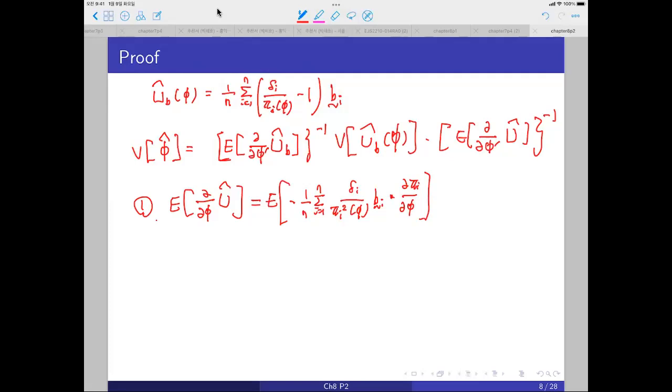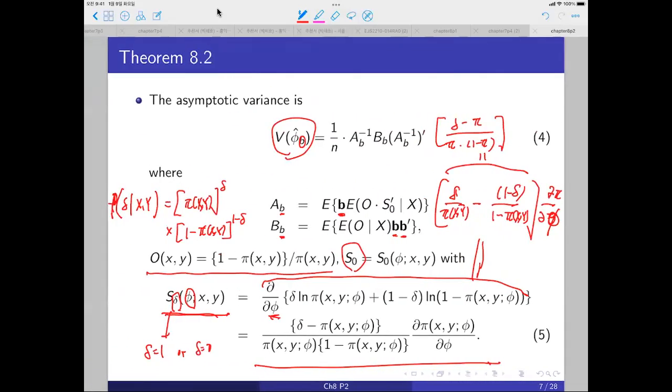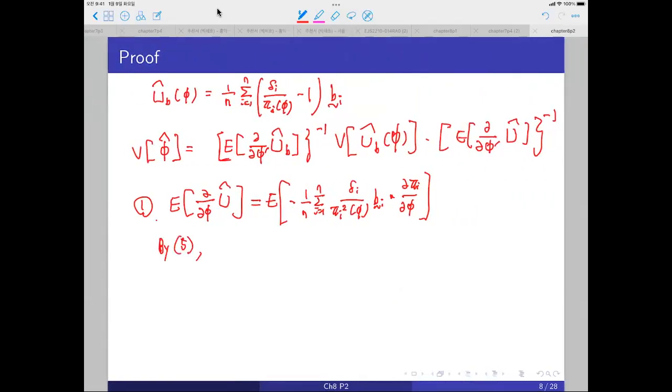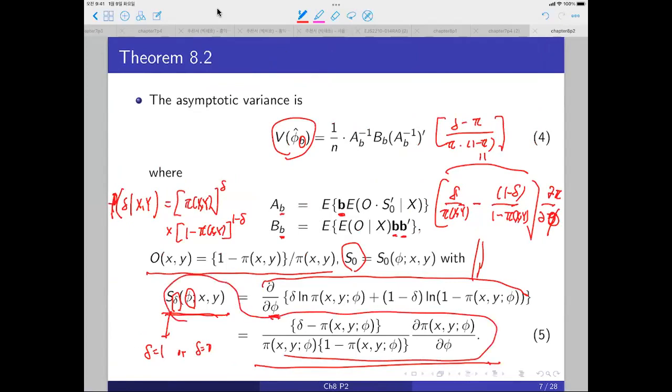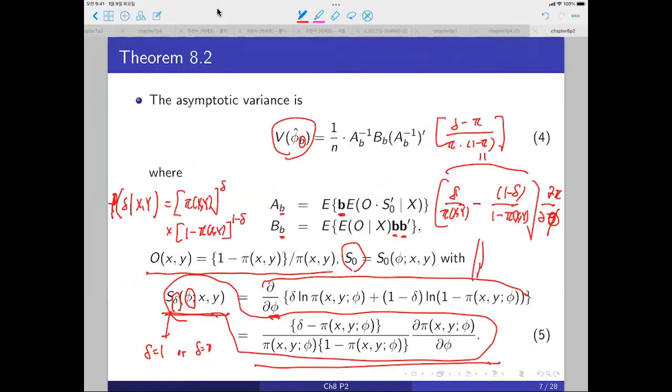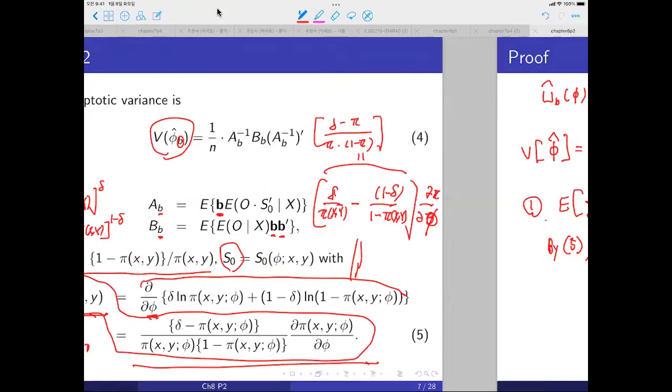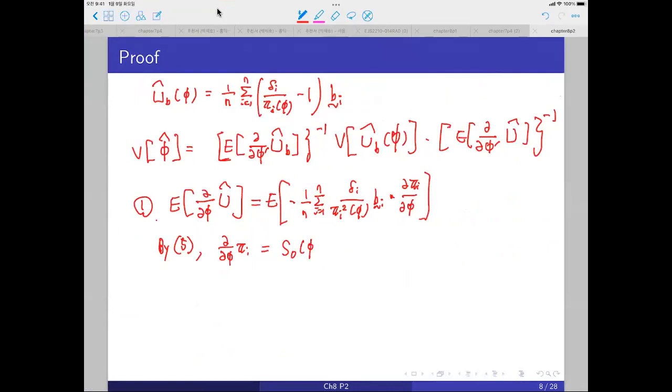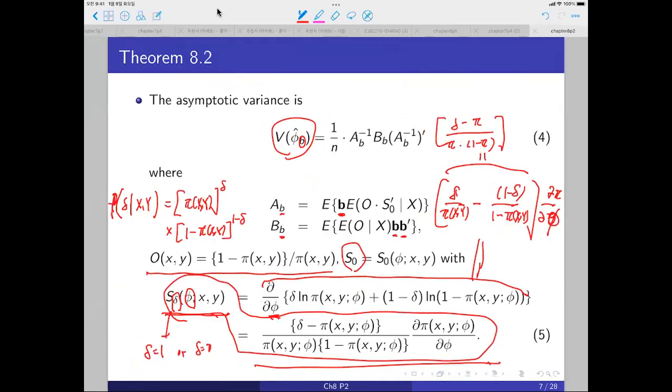And then, from the earlier equation, if you look at this, the partial of pi_i with respect to phi is, if you put in delta equal to 0, S_0(phi) times pi(x_i, y_i) times 1 minus pi(x_i, y_i), minus. It's just algebra.